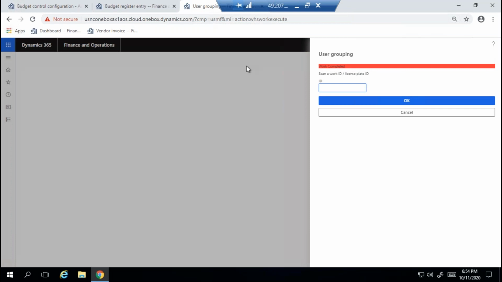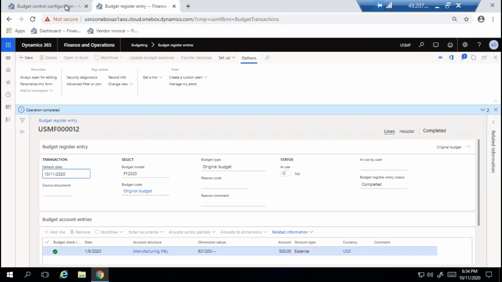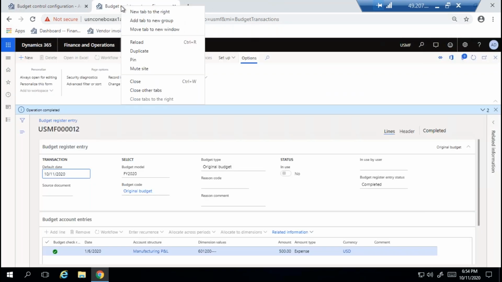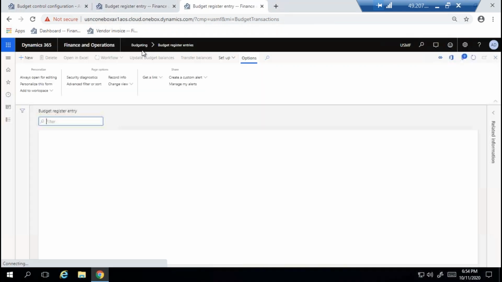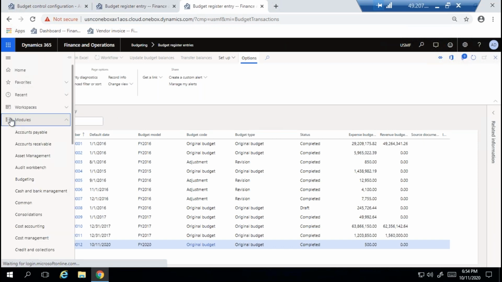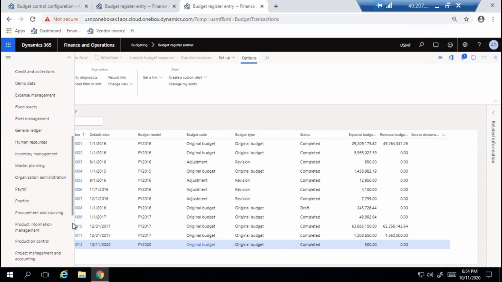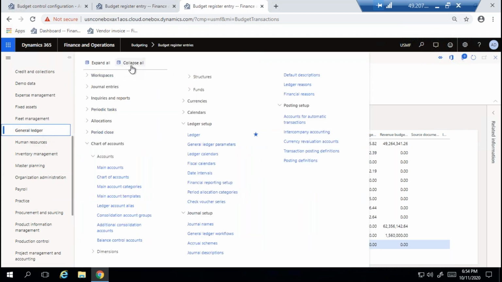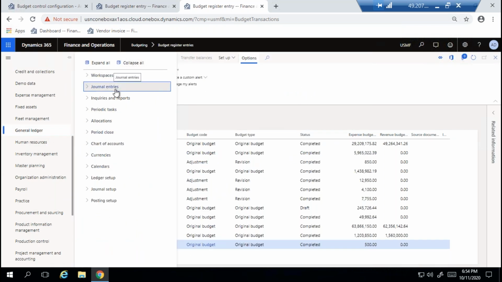Now I am doing normal transaction. Let me do one transaction for 601-200. Normal general ledger, journal entries.